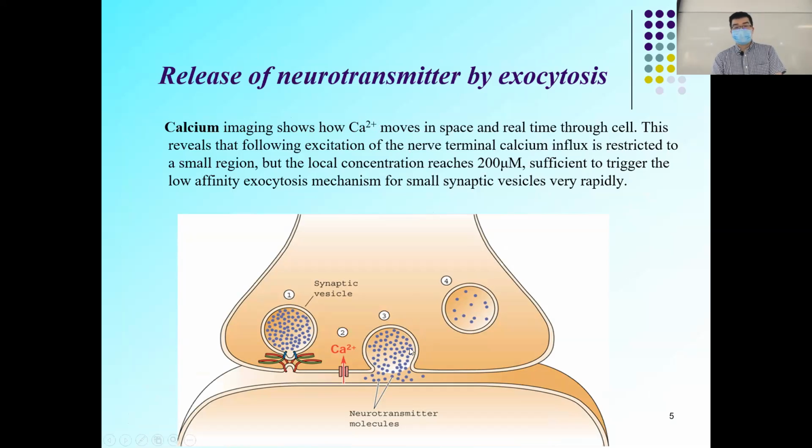Now, those calcium ions are restricted to a small area, and the concentration can reach around 200 micromolar. So it's regional. It's not a trigger moving up into the whole neuron.